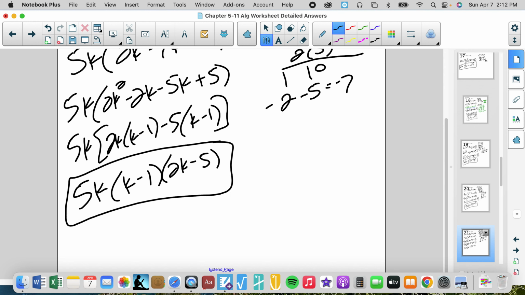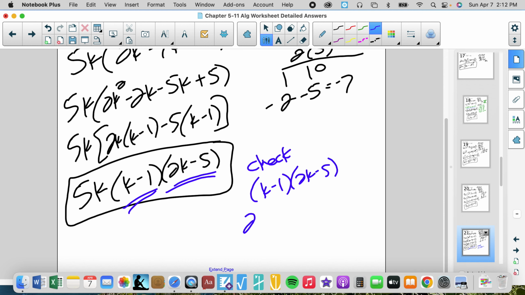And if we want to check, we would check it. We would do these two first. We'd multiply k minus 1 by 2k minus 5, which is 2k squared minus 5k minus 2k plus 5. And then we multiply that all by 5k.